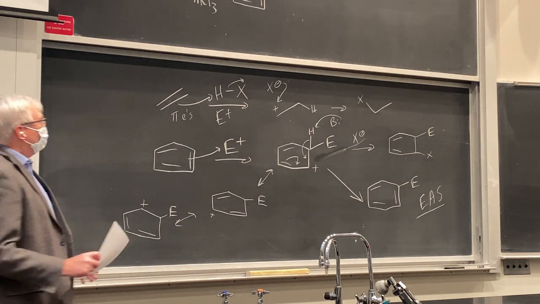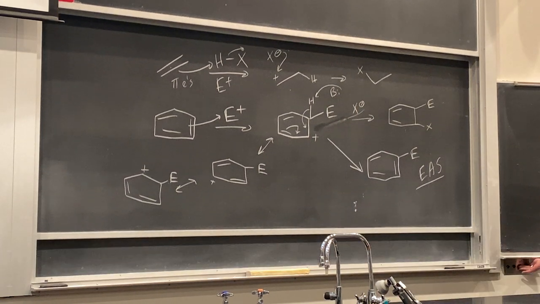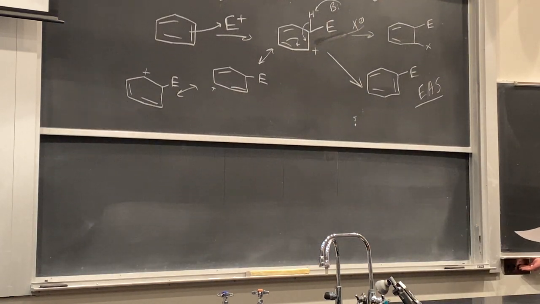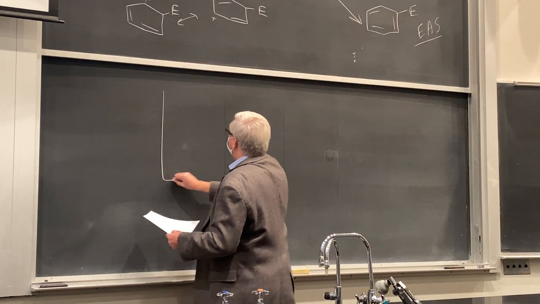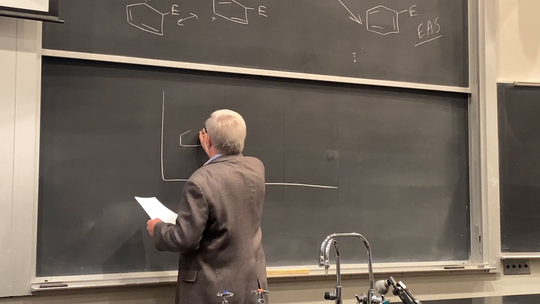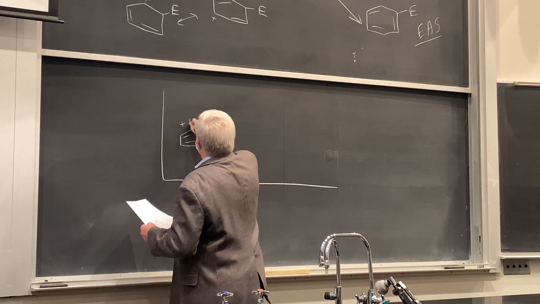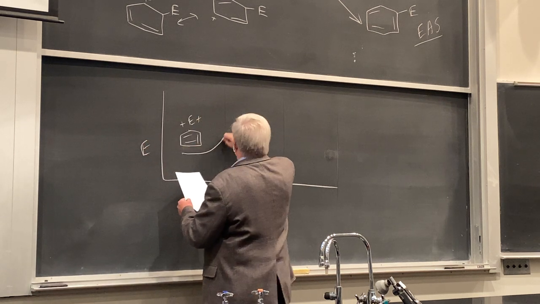In fact, let's look at the energy diagram right now. So those intermediates, and we'll leave them up there. Here's benzene with some electrophile. Here's the energy. Here's where we start.